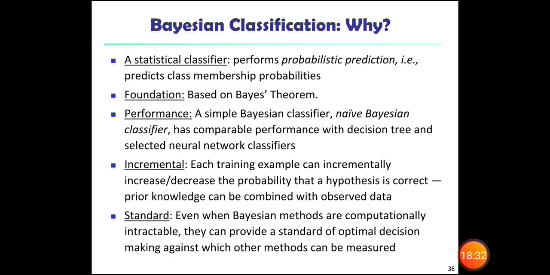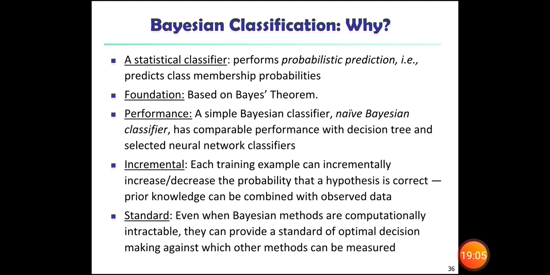As for performance, a simple Bayesian classifier is called the Naive Bayesian classifier. It has comparable performance with decision tree and selected neural network classifiers. That means we will be able to compare the Bayesian classifier's output or performance with decision trees as well as selected neural network classifiers.